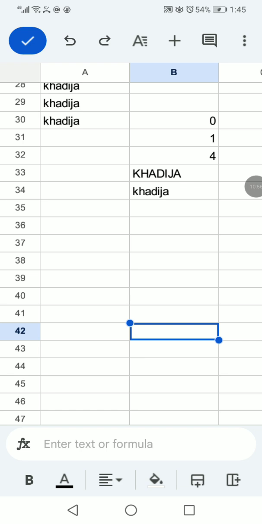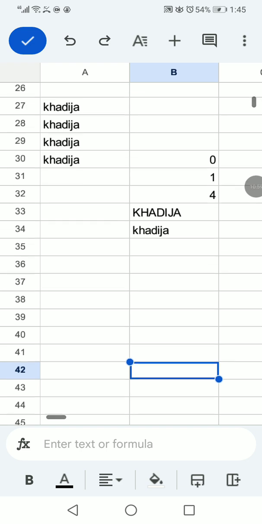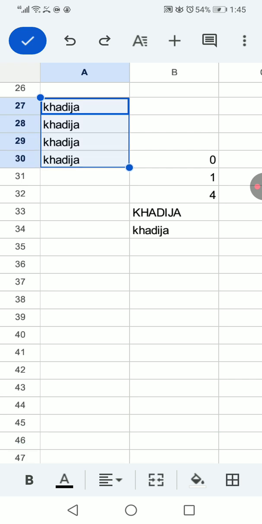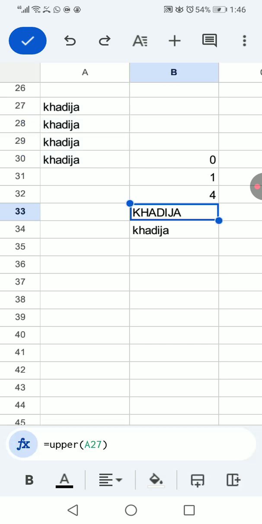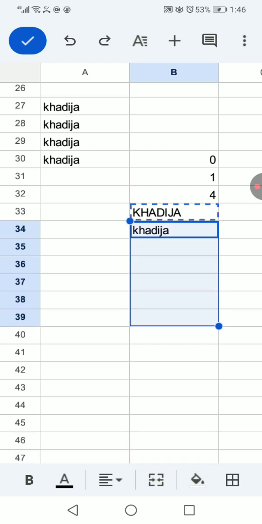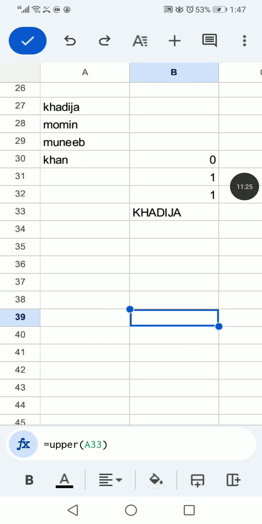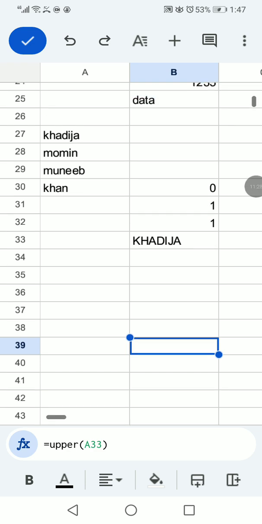And one last thing I would share. Let's say all alphabets written in this column are small and you want to change all the cells into capital letters. Here only one cell was converted. So simply what you will do, this formula, first step you will copy and then you can drag downward and everything would automatically be changed. Okay, to clear your doubt, now I will perform this once again.